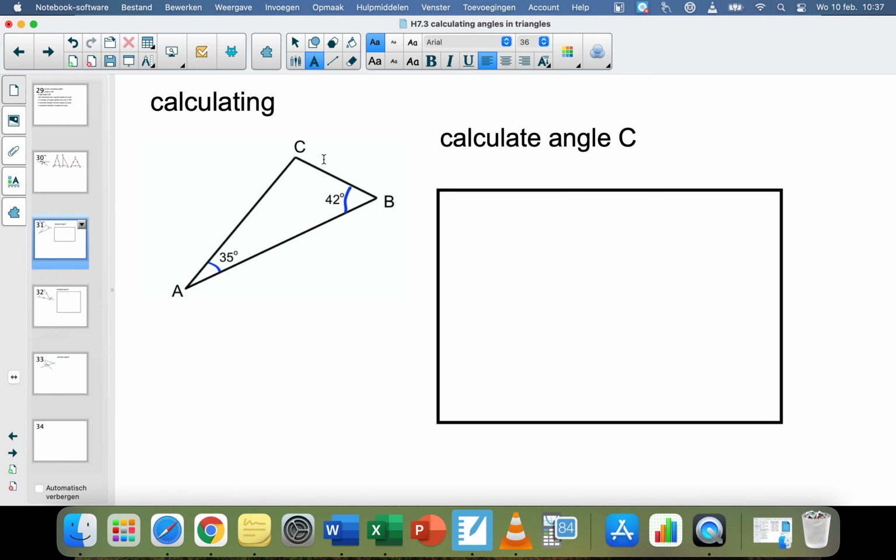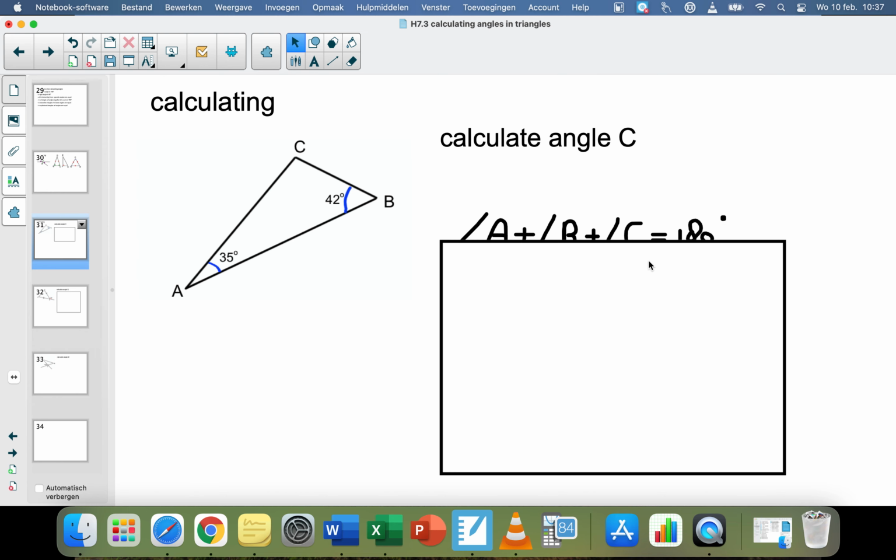So we've got this triangle A, B, and C, and we can see that angle A is 35 degrees. We can see that angle B is 42 degrees, and the question is calculate angle C. So the main thing to use here is we've got a triangle, so we know angle A, B, C added together, the sum of them is 180 degrees. So we write that down.